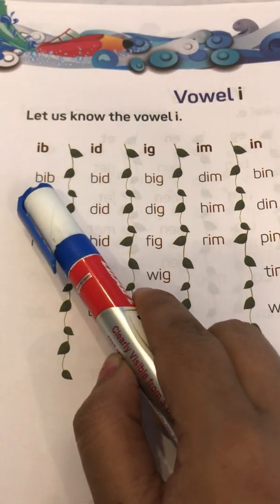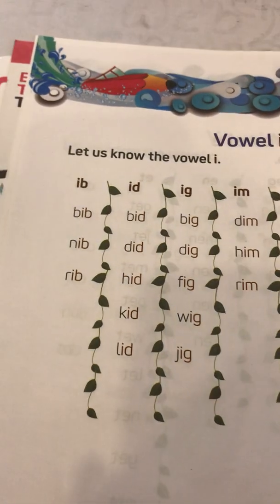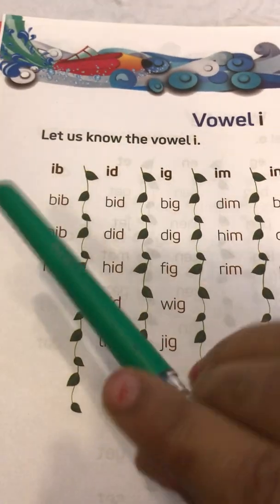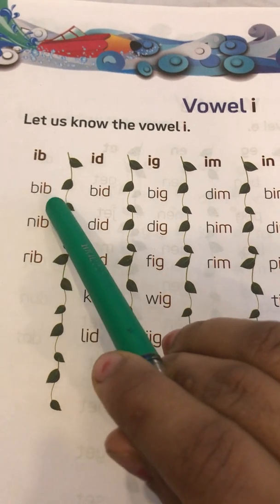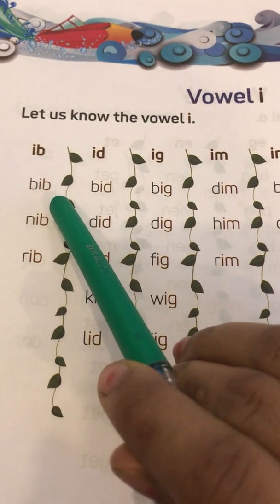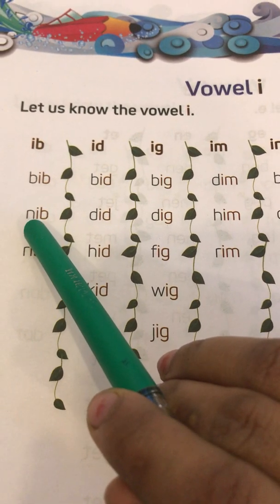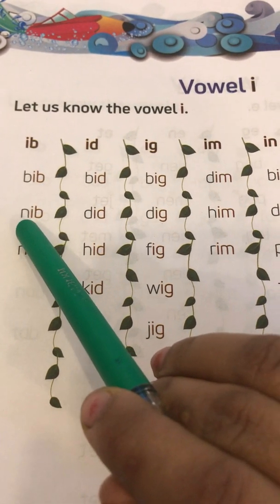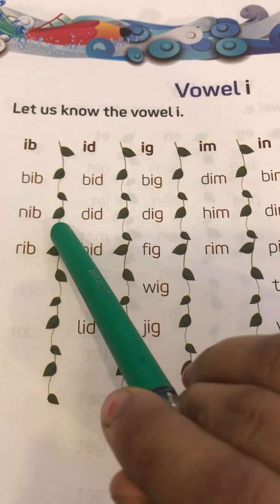The sound of B is B, and when we combine B with ib, it will become bib. The next word is N, and the sound of N is N. So na, ib, nib.